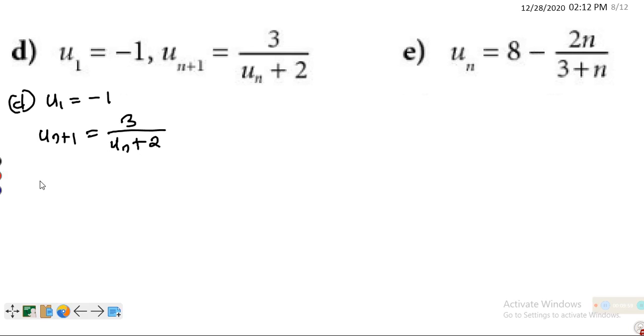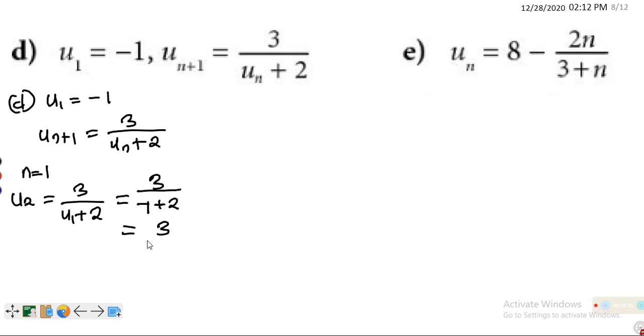So let us find u2. Since un plus 1 is the term immediately after un, when n equals 1, we have u2 equals 3 over u1 plus 2. This is 3 over minus 1 plus 2, and minus 1 plus 2 gives us 1.